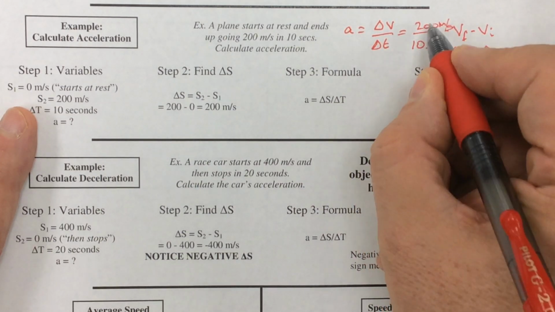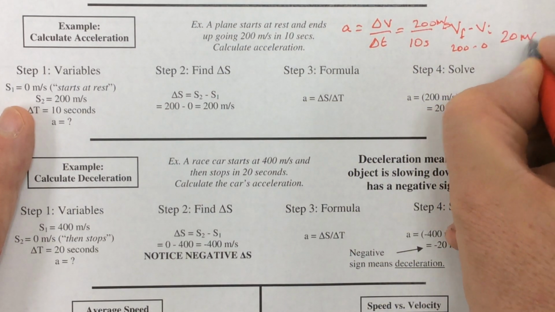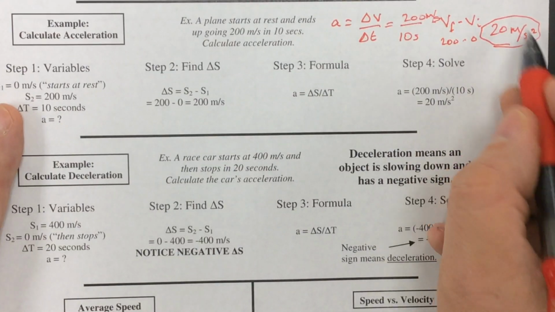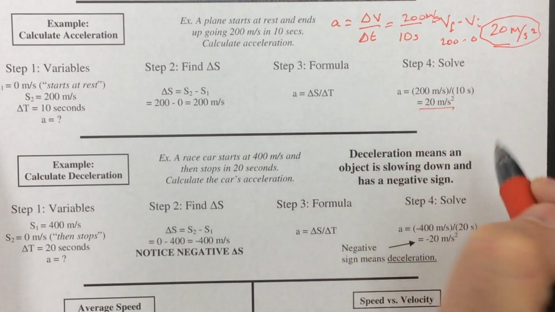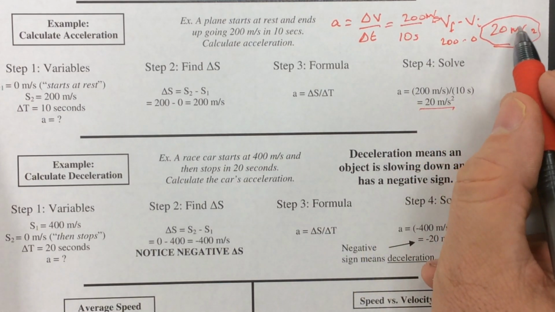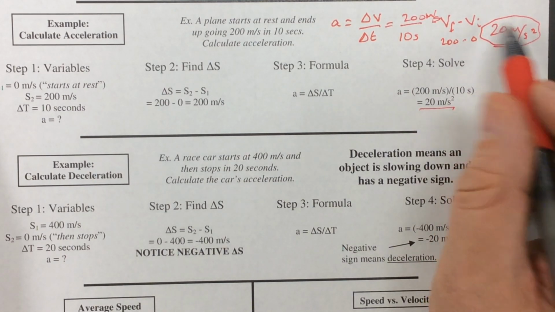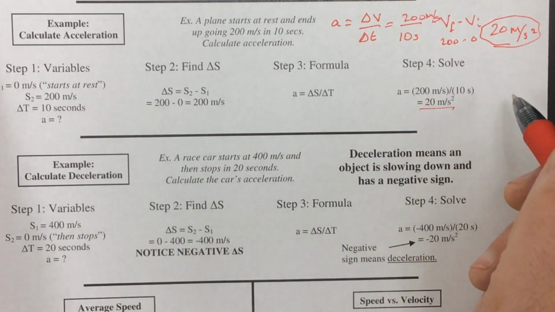So you're going to have 10 into 200, which is 20, and your answer is meters per second per second. So you're going to have a unit of meters per second squared for acceleration. Meters per second squared, because meters per second is the speed, and it's speed change per second, and that's why there's 2 seconds on the bottom.